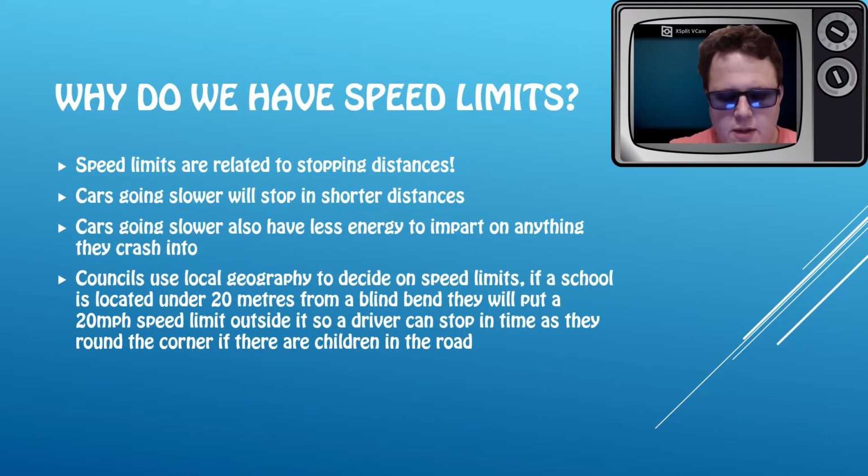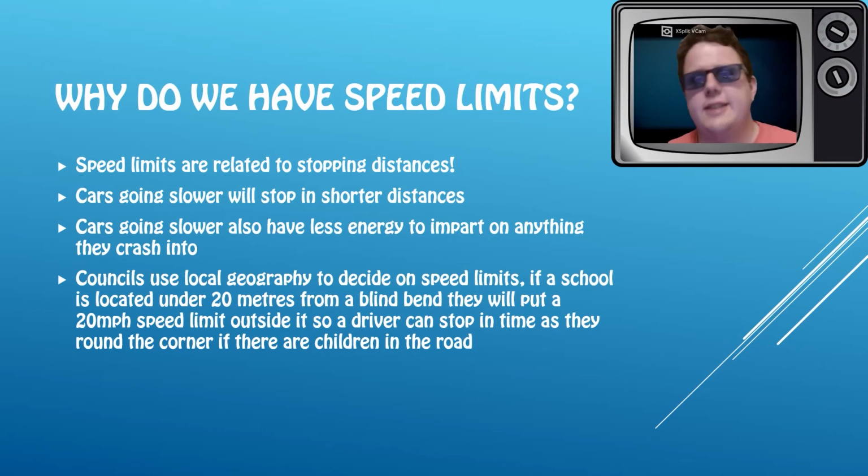So, if you've got a school that's 20 meters, as it says here, from a blind bend, then they're going to put a much lower speed limit, because at 20 miles an hour the overall stopping distance is well below 20 meters, about 15, 16 meters off the top of my head. So that means that as a driver comes around the corner, if a kid steps out into the road, the driver should have enough time to stop and not hit the kid.